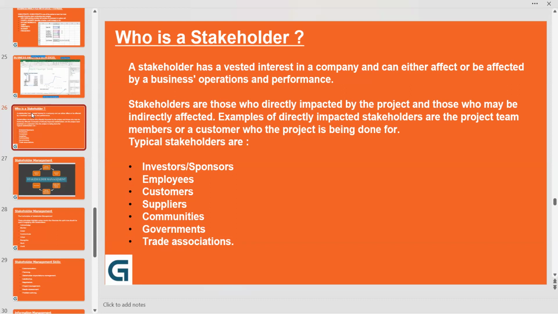Before coming to that, let me give you a brief understanding of what internal and external stakeholders are. A simple example: if you have a party or a get-together at home, who are the internal stakeholders during that event?